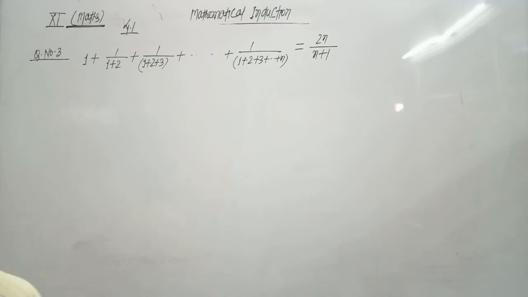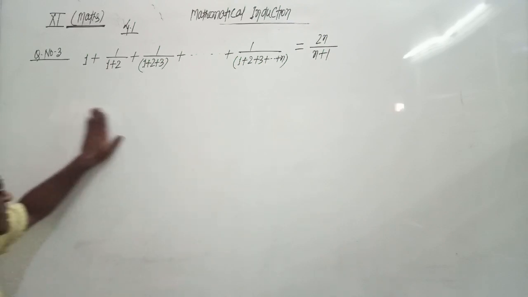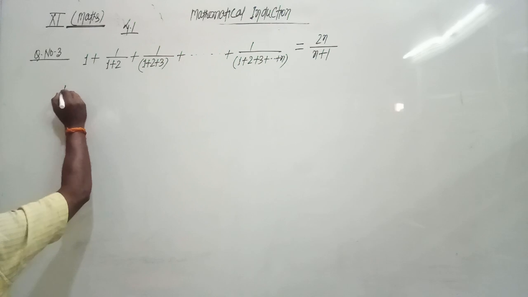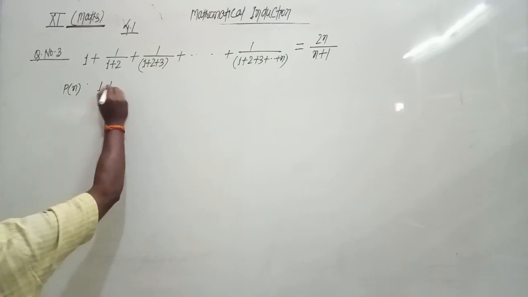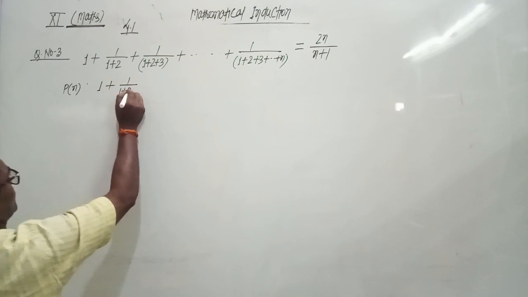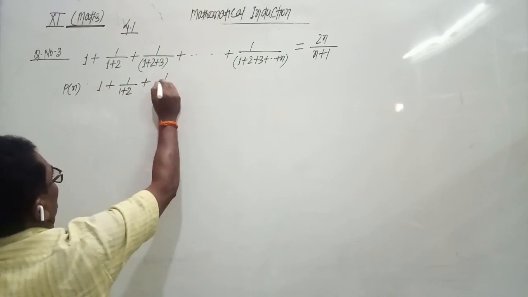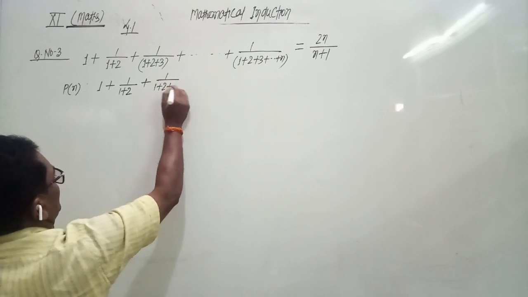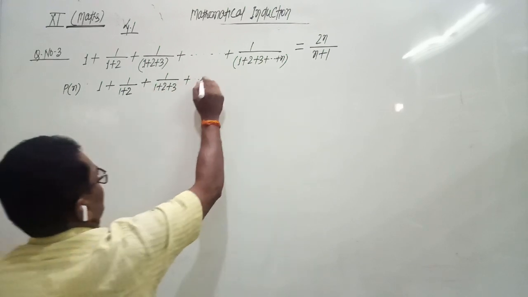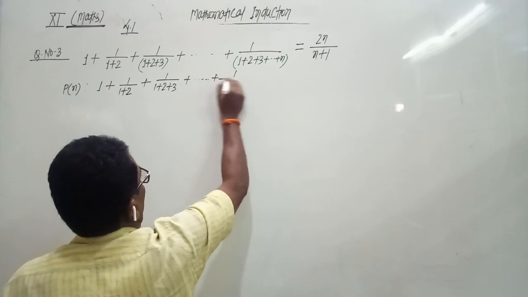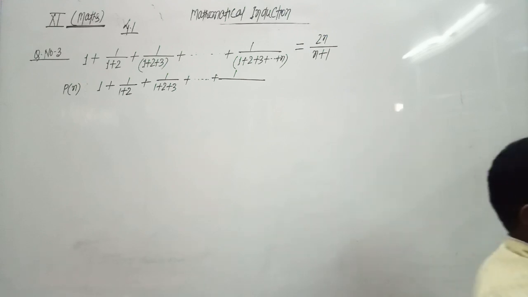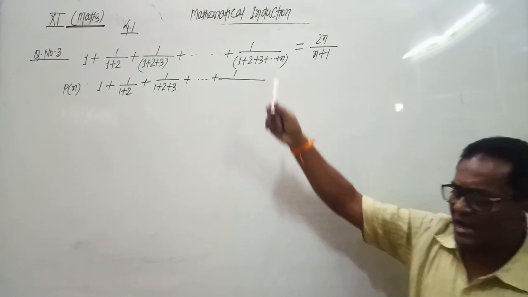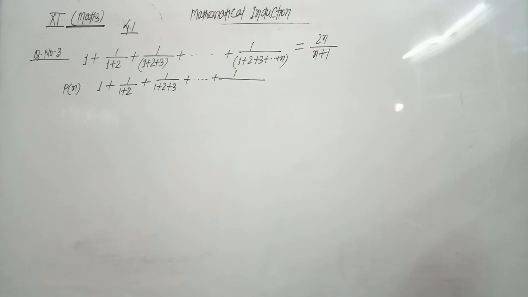So in the first step, we write Pn such that 1 plus 1 upon 1 plus 2 plus 1 upon 1 plus 2 plus 3, and the last term 1 upon 1 plus 2 plus 3 plus n. This is the sum to n terms, and the formula for sum to n terms is n into n plus 1 by 2.